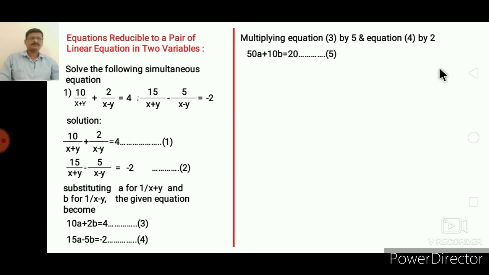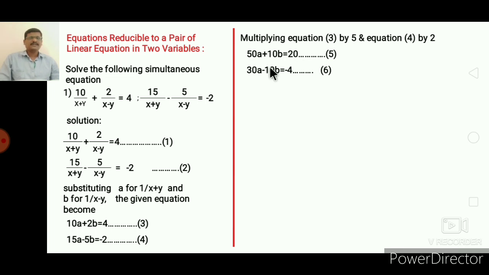Therefore, the equation is 30a minus 10b is equal to minus 4, equation 6. Here, the coefficients of variable b are equal. If the equal coefficients of the variable have different signs, then addition will take place.